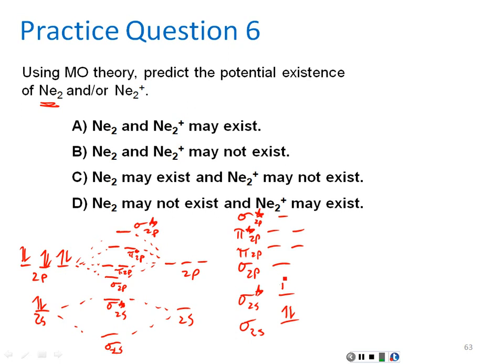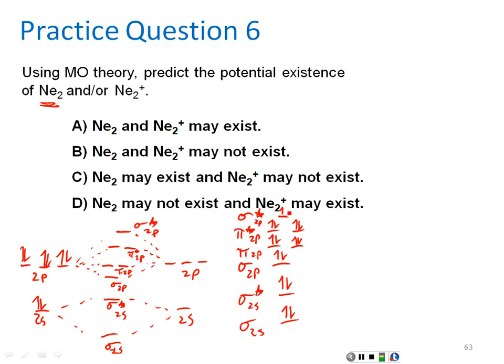So we see that for neon 2, we don't really need to calculate the bond order because we can see that there's equal numbers of electrons in anti-bonding and bonding orbitals, so its bond order is going to be 0. It doesn't exist. But if we looked at neon 2 plus, that would be 1 less electron.